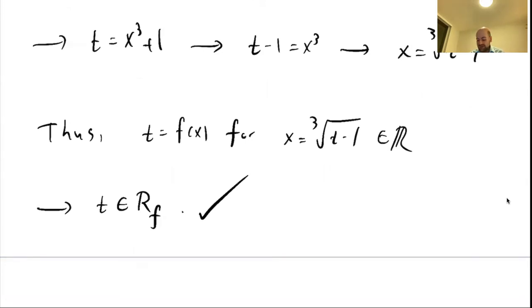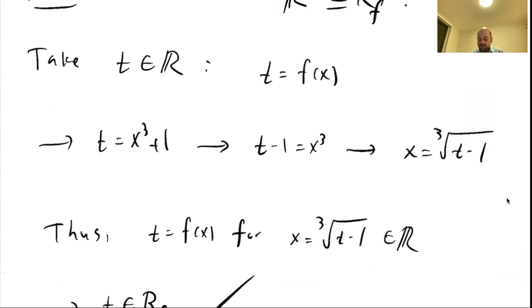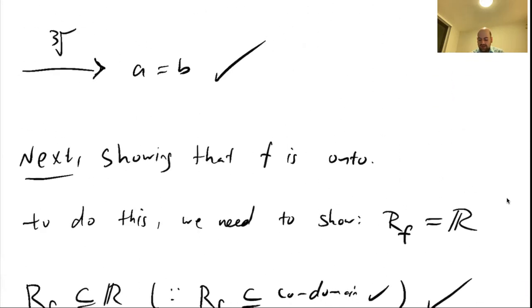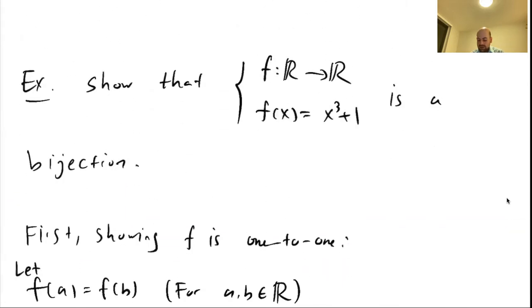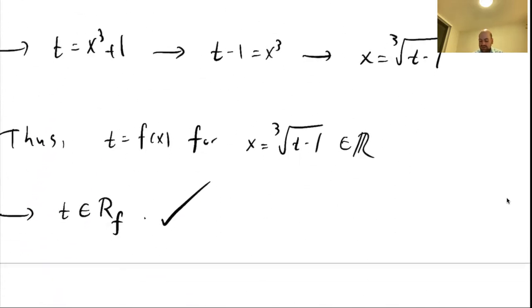But this x is the cube root of t minus 1, and the cube root of a number is of course always a real number, and my domain in this case is all real numbers, from R to R. So the cube root of t minus 1 is a real number, so it's an element of the domain. So I showed that t is f of some input chosen from the domain.